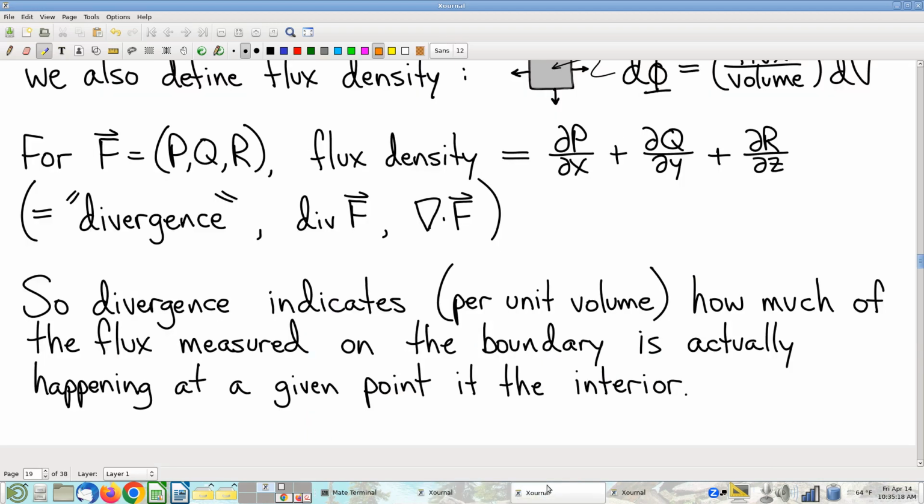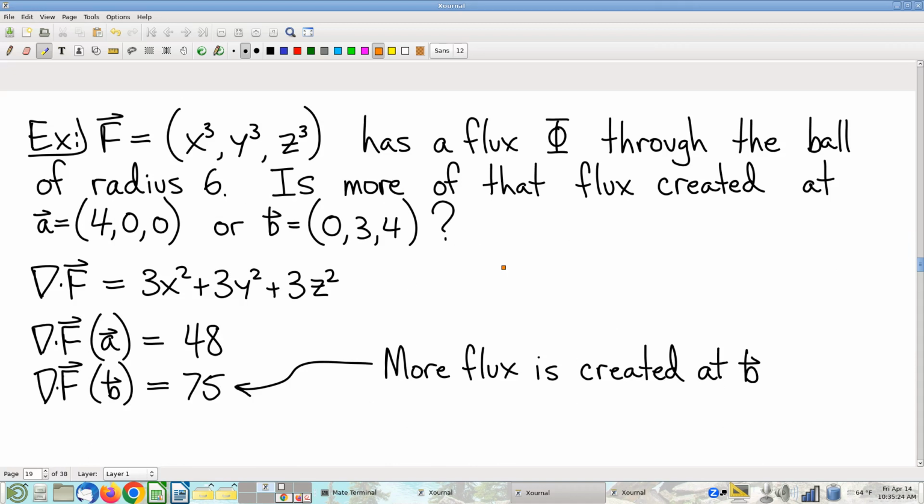So, well, here we are again. Now we have a new density, a new accumulating quantity density, right? Now three-dimensional flux density. And it's the exact same idea that if you've got some vector field and you want to ask, maybe it creates some total flux through some outer boundary. Where is that flux really coming from? Between these 2 points here, which one of these 2 points creates more of that boundary flux? Well, you look at the flux density.